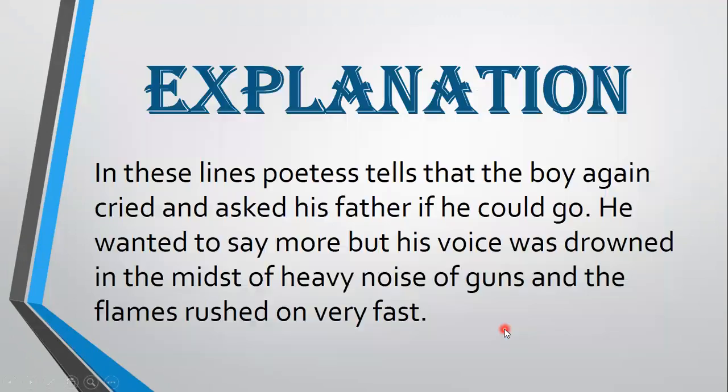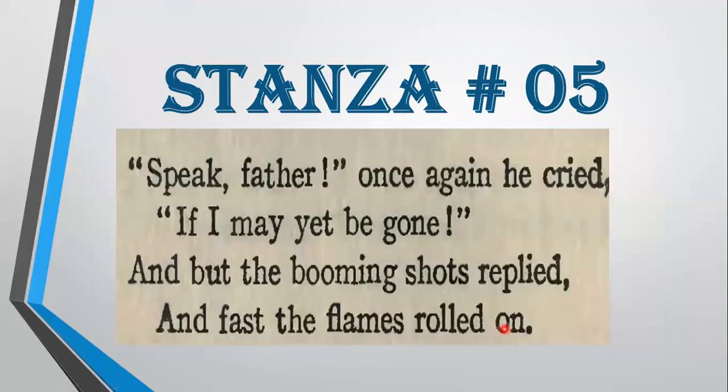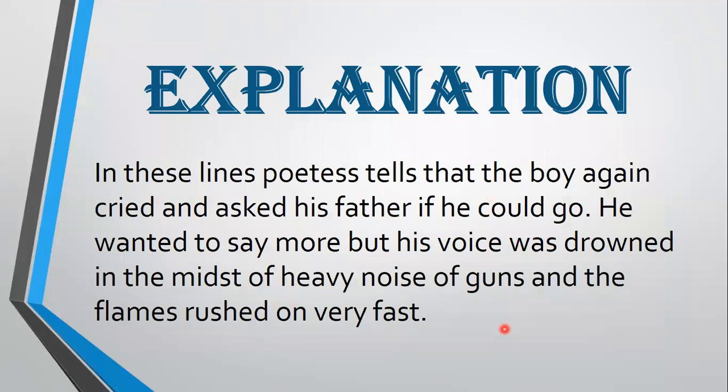Now, the writer is saying that the boy was crying so loudly, in a very loud voice, to ask his father whether he could leave his place or not. But his voice was taken over by the high flames of the fire. His voice was drowned in the midst of the heavy noise of guns and the flames.